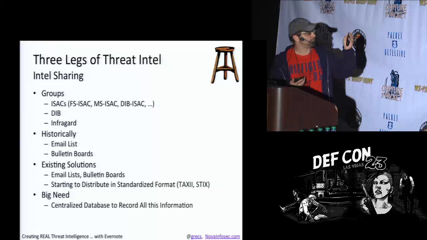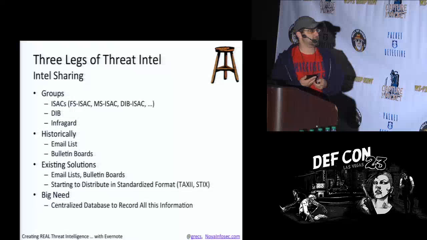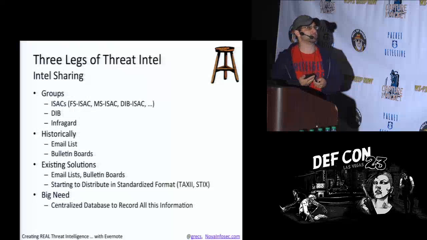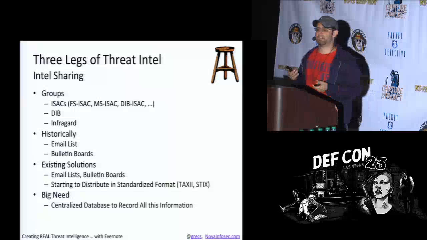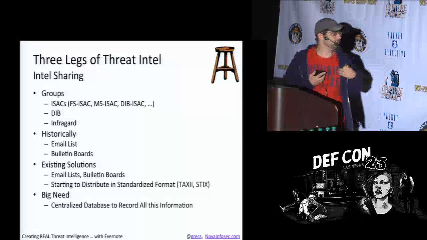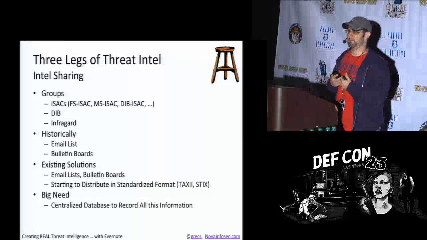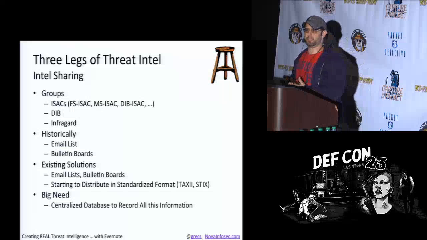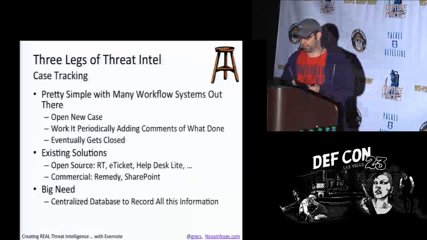Some of the newer formats are starting to push out this intel sharing information using standard protocols like TAXII and STIX. But once again, there's a lot of threat intel you can get from your partners, but where do I put that? At least for me, what's that big bucket that I'm throwing everything into that my analysts can search to get context behind the indicators that they're seeing?